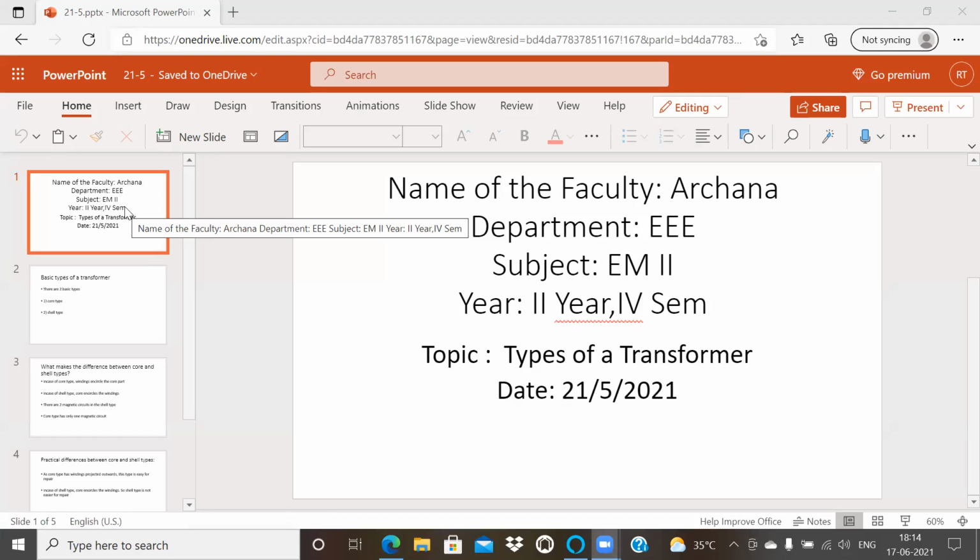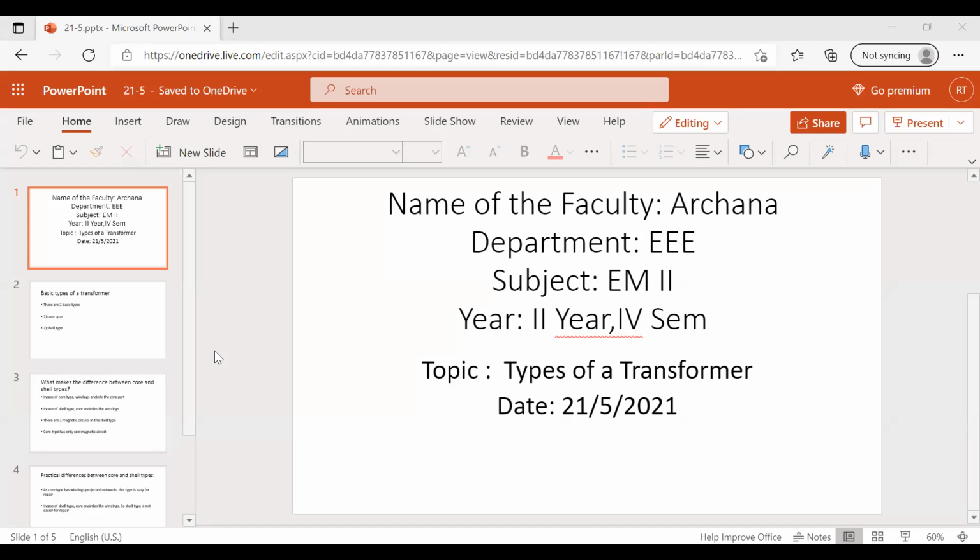And in the previous lectures, we have seen the working principle of a transformer as well. So what is the working of a transformer? To understand the types of transformers, you should know the working principle. A transformer works on the principle of mutual induction.